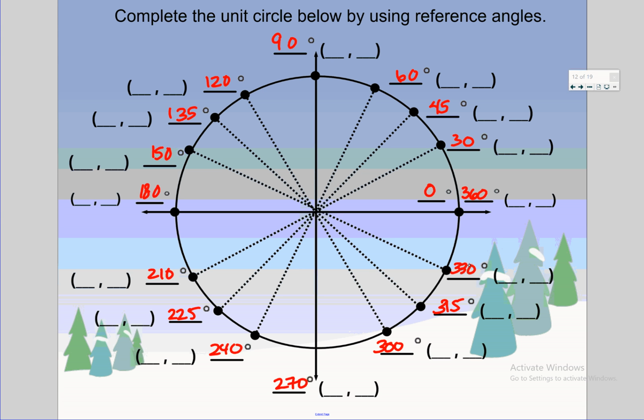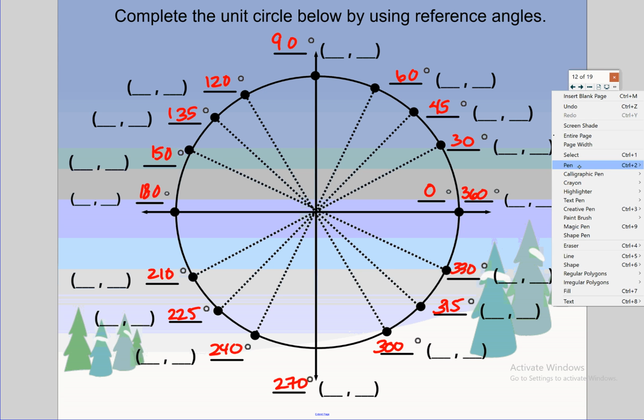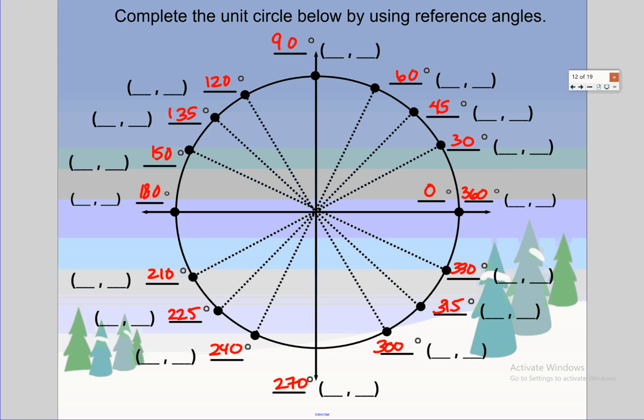So we're going to start with our 0, 90, 180, and 270. If I am 1 unit to the right of 0, 0, what point is that? It is the point 1, 0. Good. If I am 1 unit up, what is that point? I'm at 90 degrees.